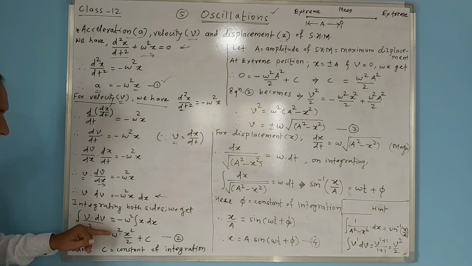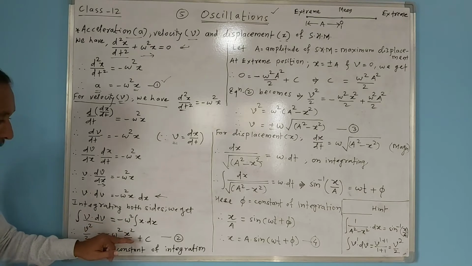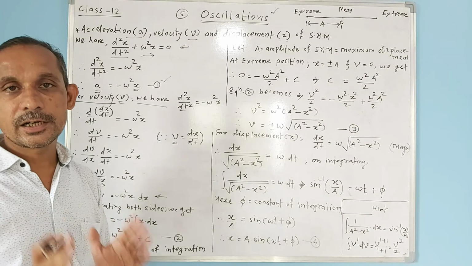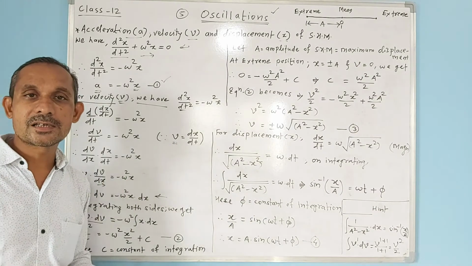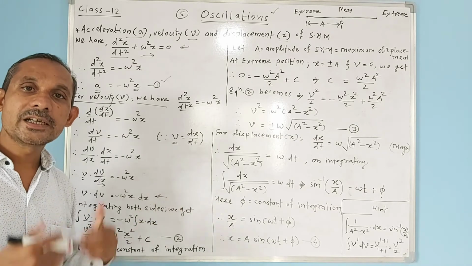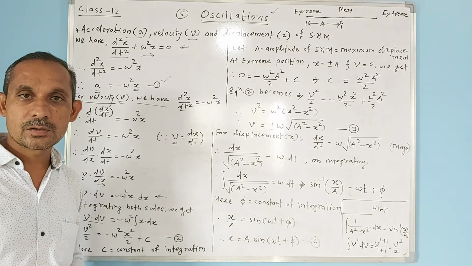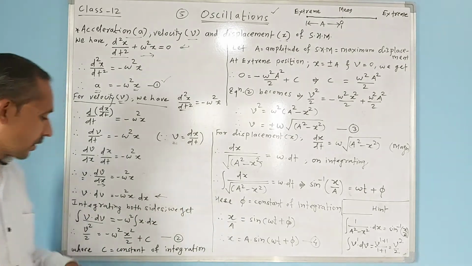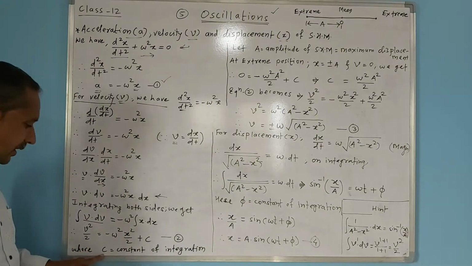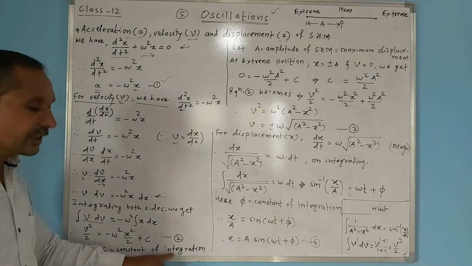The right hand side answer is minus omega square x square by 2 plus c, the constant of integration. We always have to consider a constant of integration after solving the integrations, so plus c we have to add, where c is the constant of integration.